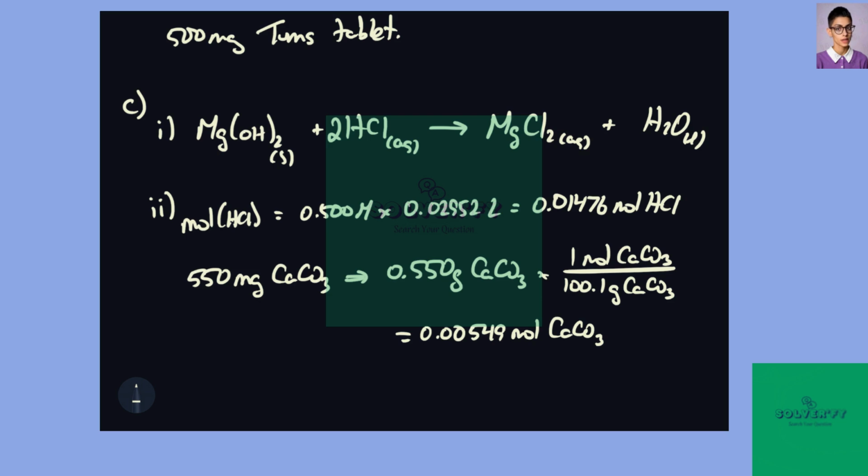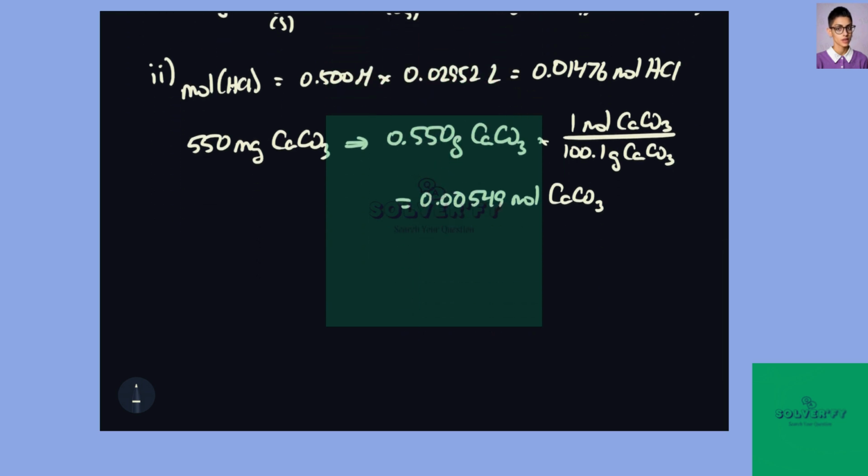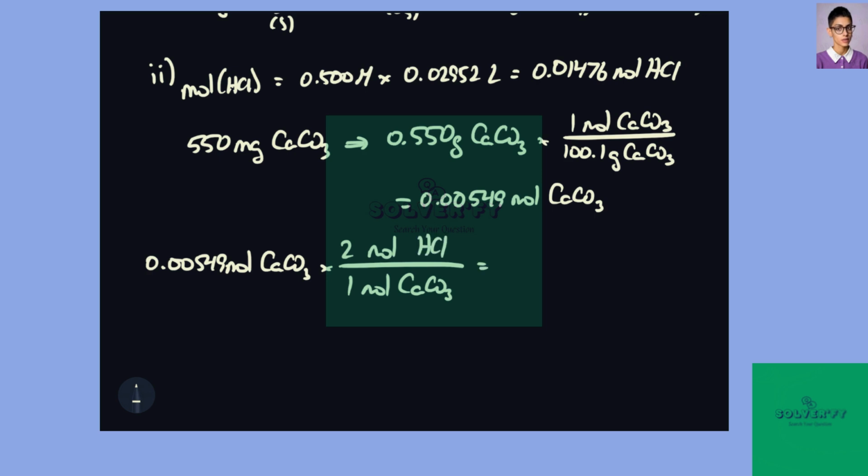So we know from part B above, the reaction of calcium carbonate with HCl, so 0.00549 moles of CaCO3, 1 mole of CaCO3 to 2 moles of HCl, and this would be equal to 0.01098 moles of HCl. This would be from the calcium carbonate, so this is due to the CaCO3.